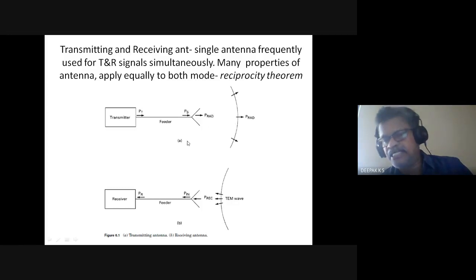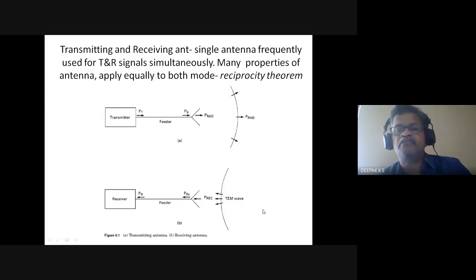Further, this antenna is coupling to the air and power is radiated, which is again less than PS because of the conversion efficiency. So these are normally the notations in the book: transmit power here, radiated power here, and send power here.